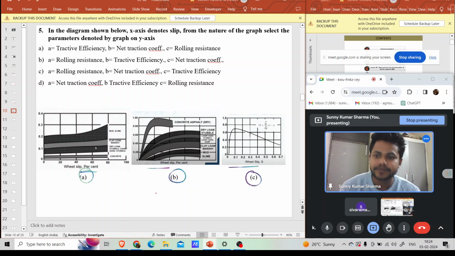Can you guess? Tractive efficiency, sir. Tractive efficiency is in which graph, A, B or C?